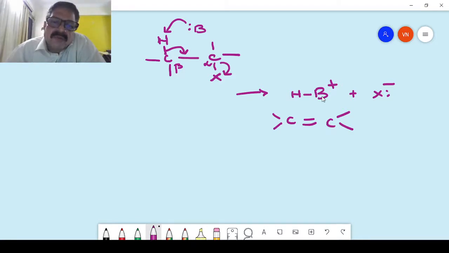Now the electron pair in the CX bond, what happens to that? X is leaving, and when X leaves, it takes away the electron pair along with it. That is a leaving group. So this is the simplest way we can represent an elimination reaction.